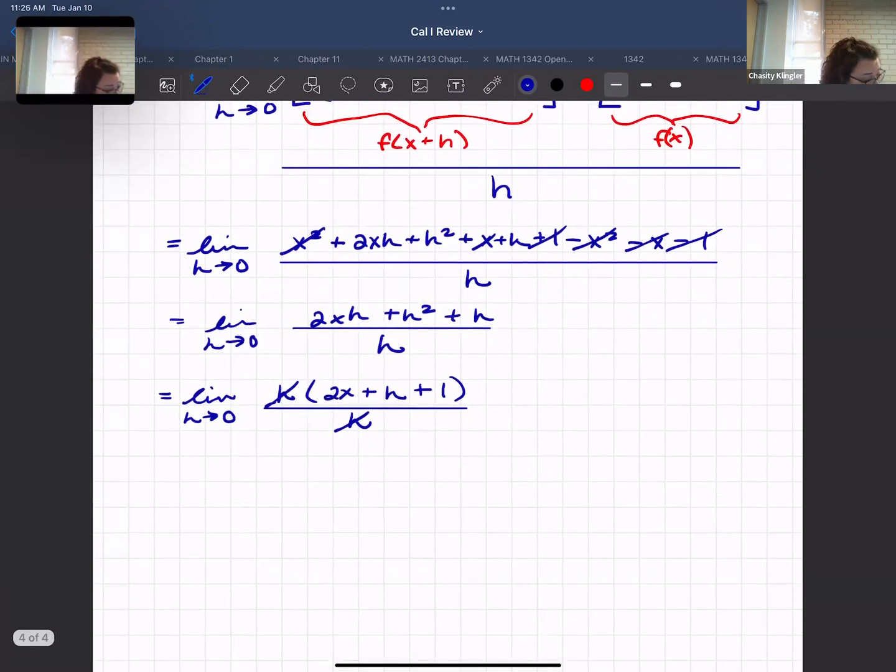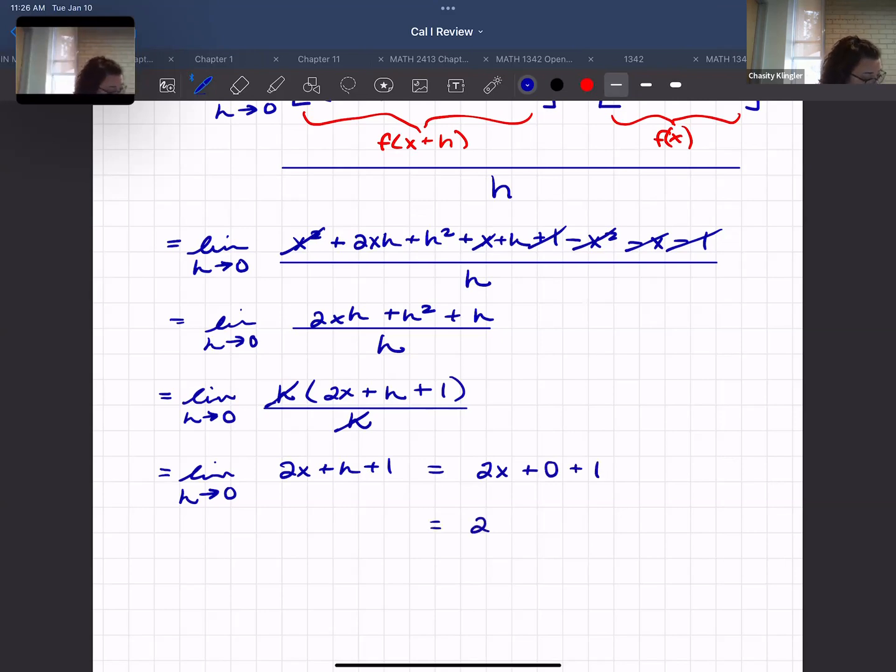And I've got the limit as h goes to 0 of just 2x plus h plus 1. So I've got 2x plus 0 plus 1, or 2x plus 1.